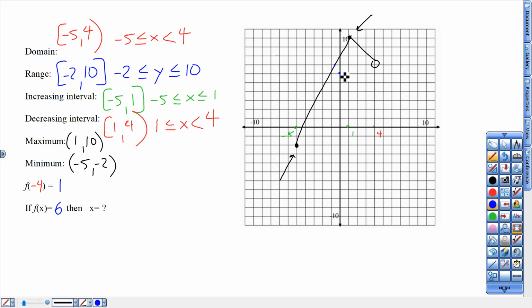And then you're not going up or down, you're going left or right until you hit that line. And when you do, look down to see what that x number has to be. So at that spot, when y is 6, that x number has to be -1. Or if I put -1 in there, that would give me 6.